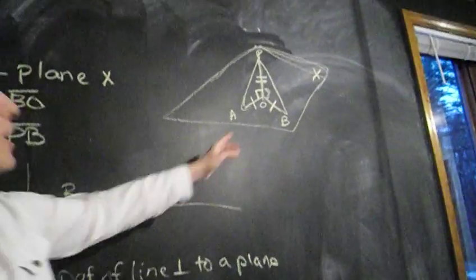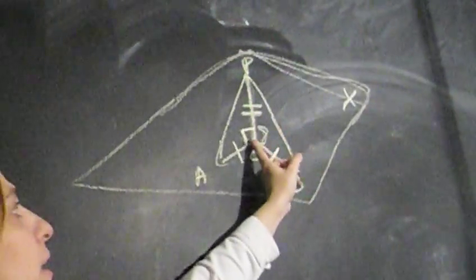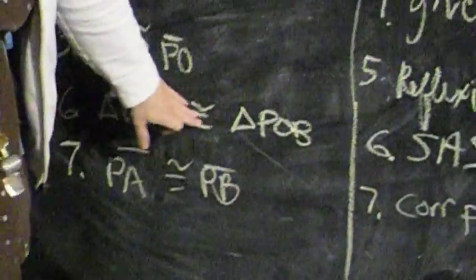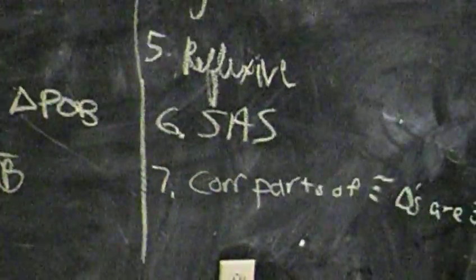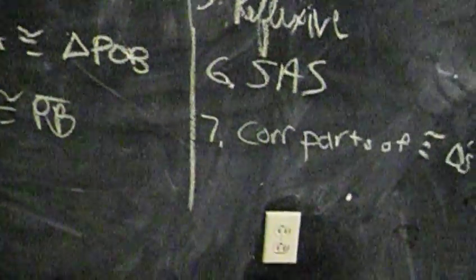PO is congruent to itself. What do I have here? Whoa! Side, angle, side, because I know this is congruent to that. So triangle POA is congruent to triangle POB by side, angle, side. And then finally, I can say PA is congruent to PB because corresponding parts of congruent triangles are congruent.